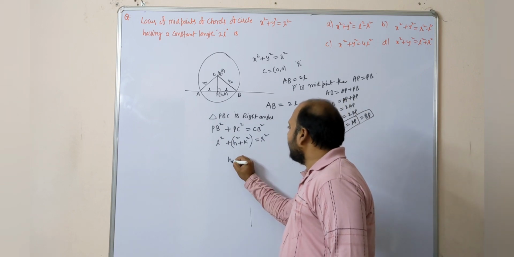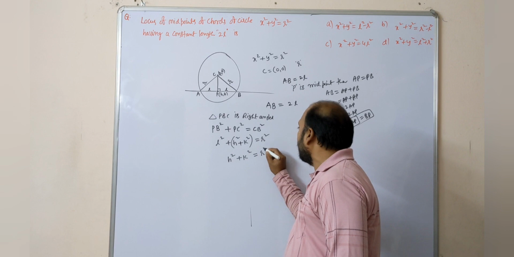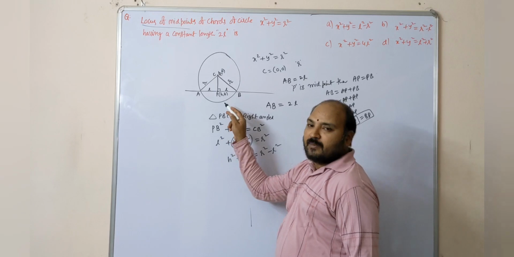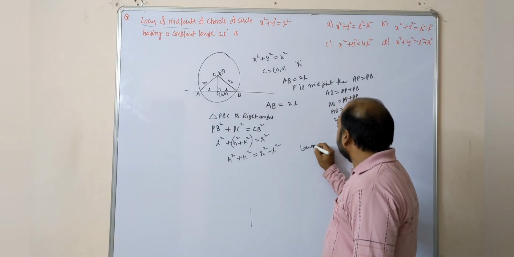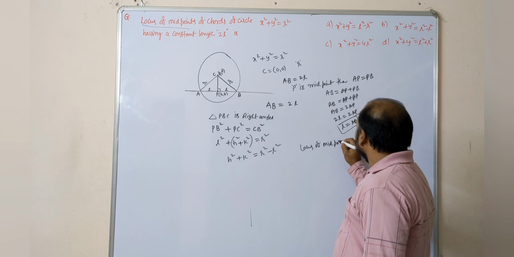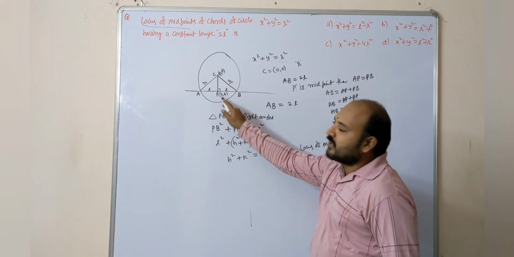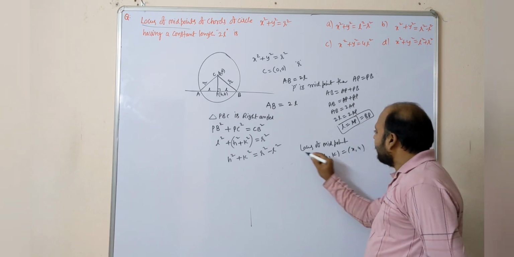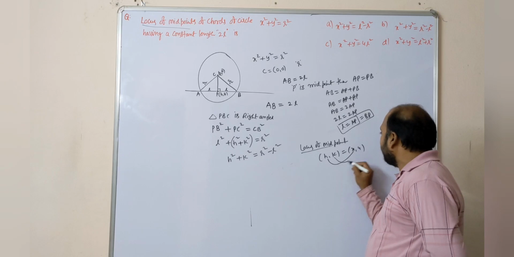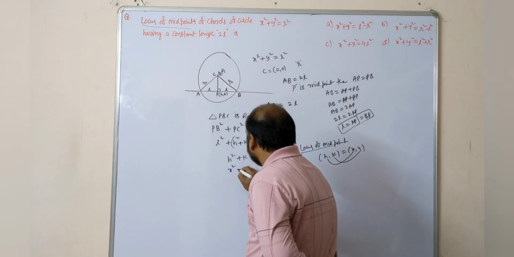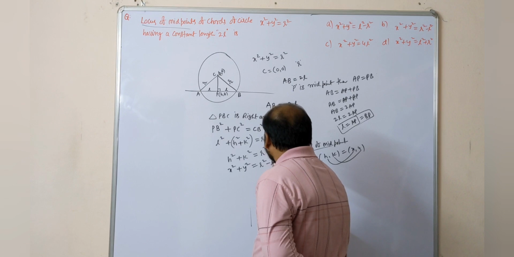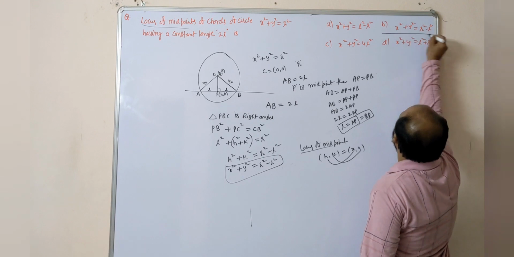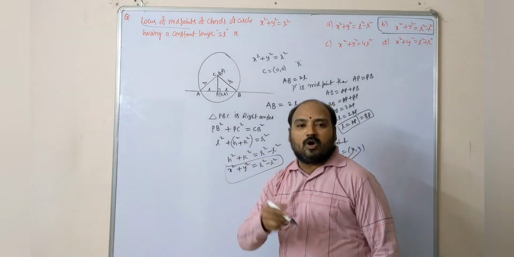So taking l square to this side, h square plus k square is equal to r square minus l square. The midpoint we have taken is (h, k). Whenever a locus is mentioned, wherever h is there put x, wherever k is there put y. So we can write x square plus y square is equal to r square minus l square, which is the required locus. It is there in the second option, dear students. We will move on to the next question.